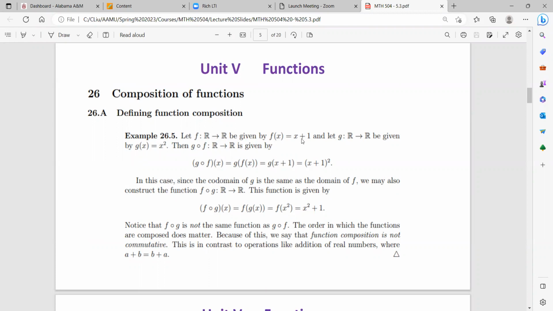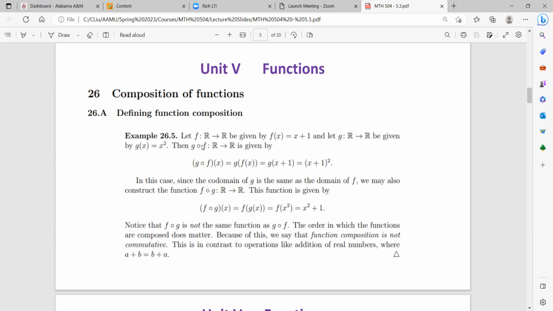Then obviously we have the domain and the codomains as the set of real numbers, so you can do G compose F and you can do F compose G, because in either case the codomain of one function is equal to the domain of the other function.